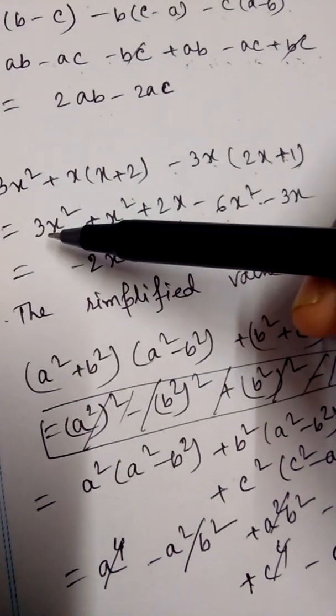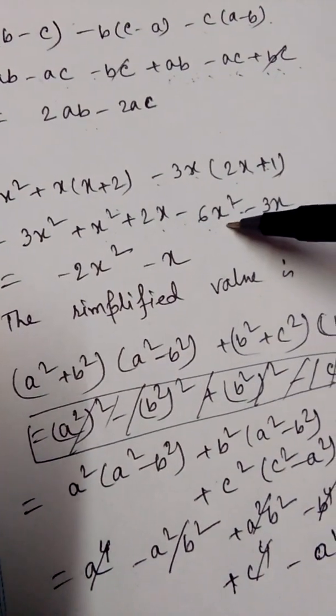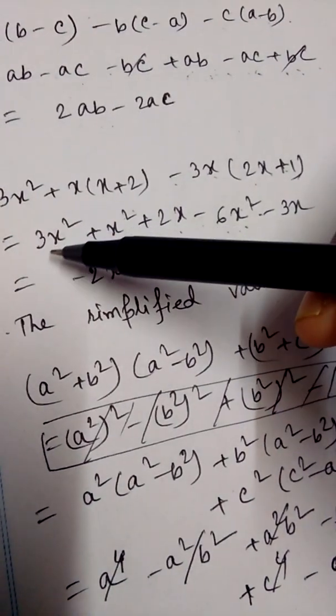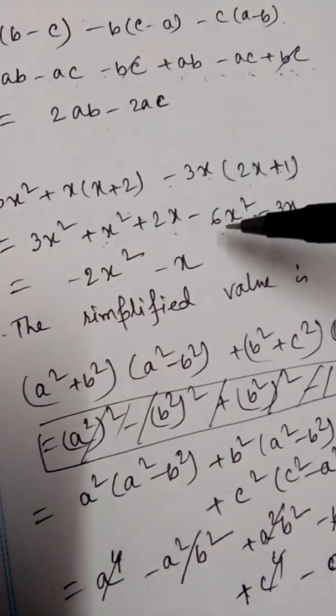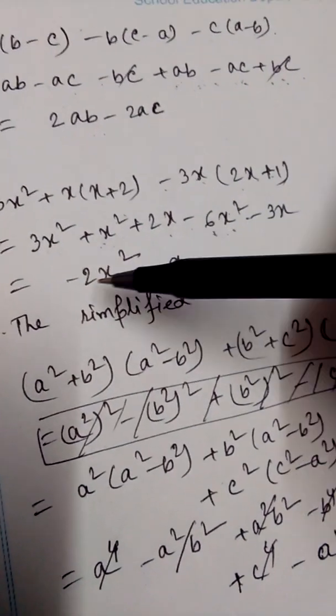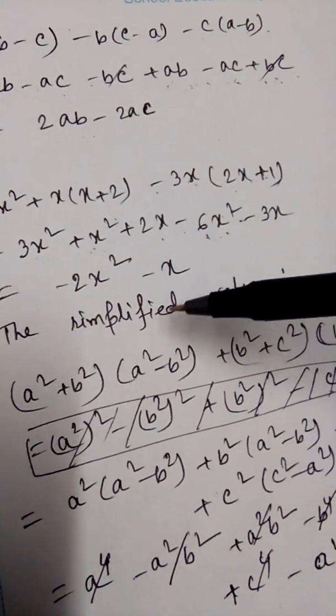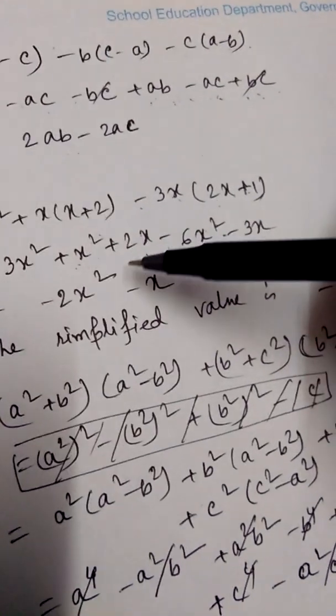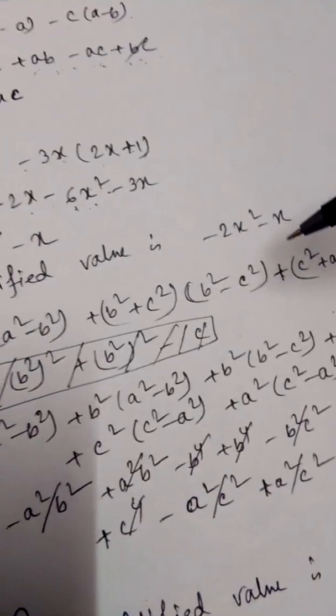So 3x square plus x square minus 6x square, all these are like terms. After simplification we get 3 plus 1, that is 4, minus 6, that is minus 2, therefore minus 2x square. Plus 2x minus 3x, these are like terms, and after simplification we get minus x. Therefore the simplified value is minus 2x square minus x.